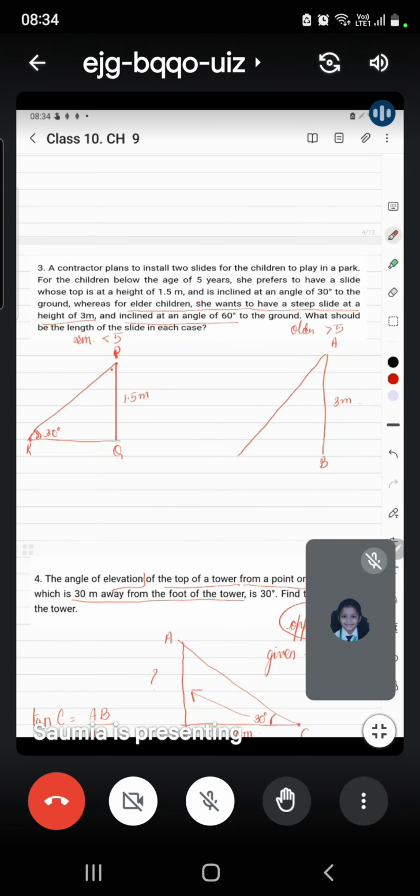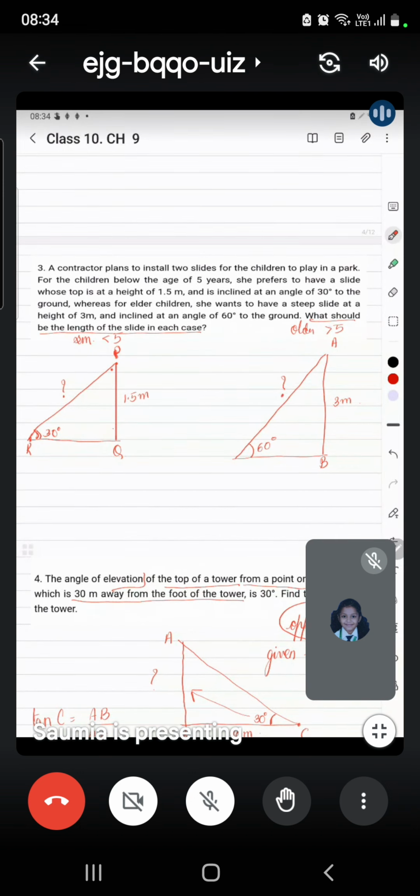That means when I slide down and reach here, I am going to make 60 degrees with the ground. Okay? Now, both our slides are ready. Now, what do we have to find out? What should be the length of the slide? That means I am supposed to find out this for this triangle and this for this triangle.